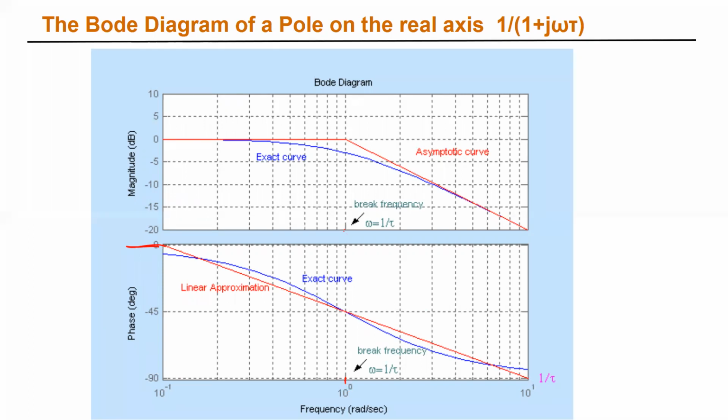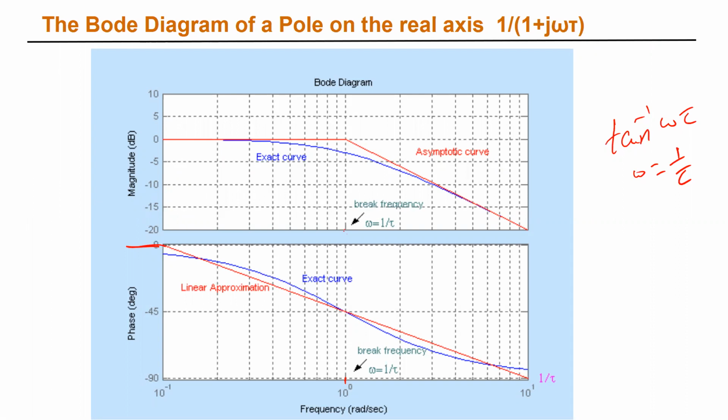At the corner frequency, remember, the phase is tan inverse of omega tau. At omega equal to 1 over tau, what will be the phase? Minus 45, yes.